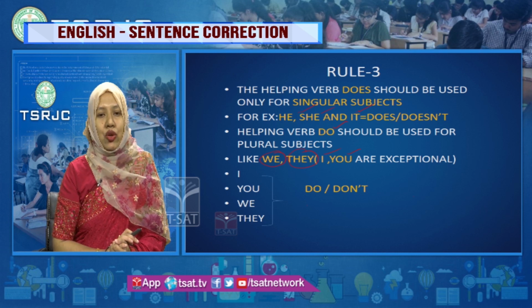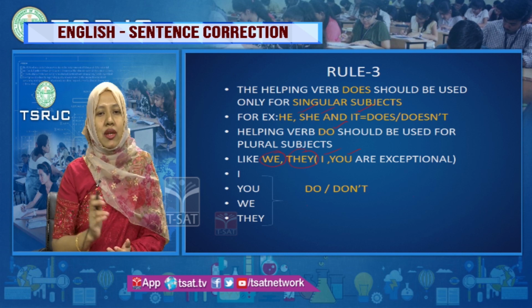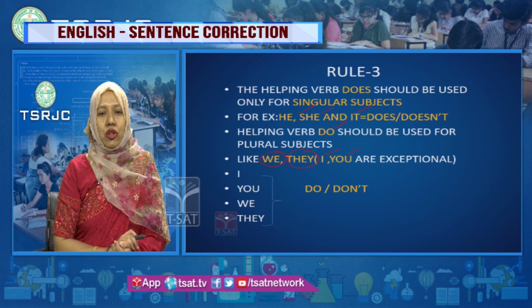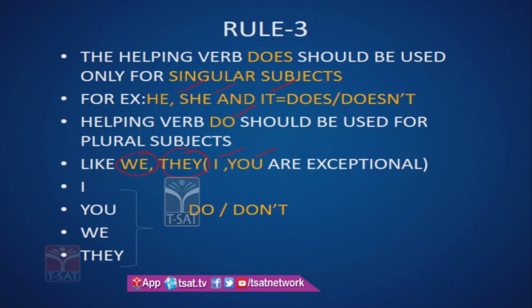Though I and you are singular subjects, the verb here is also "do." We and they are plural subjects, and we use "do" along with we and they.